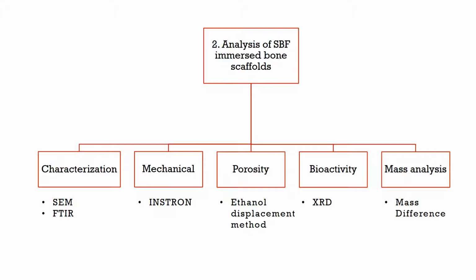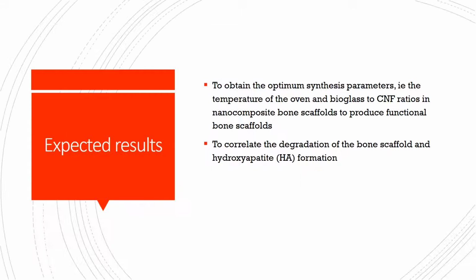Bioactivity analysis is carried out to calculate the amount of hydroxyapatite that is formed in the solution, whereas the mass analysis is carried out to ensure the degradation of the bone scaffold using the mass difference of the bone scaffold compared with the initial weight of the bone scaffold.